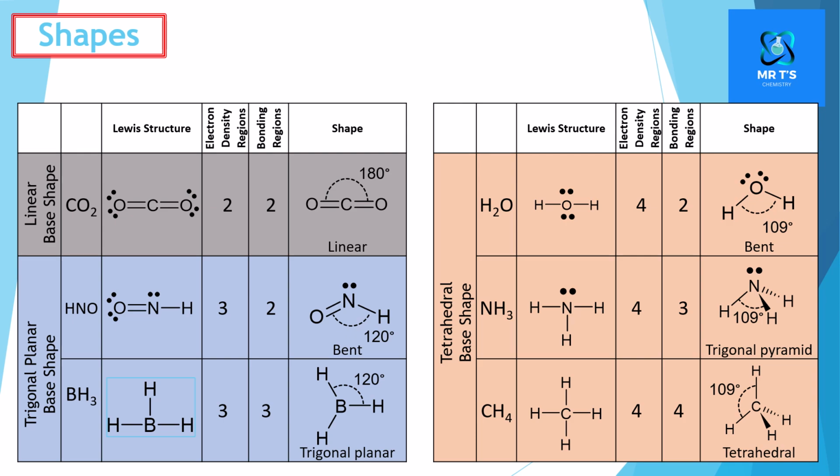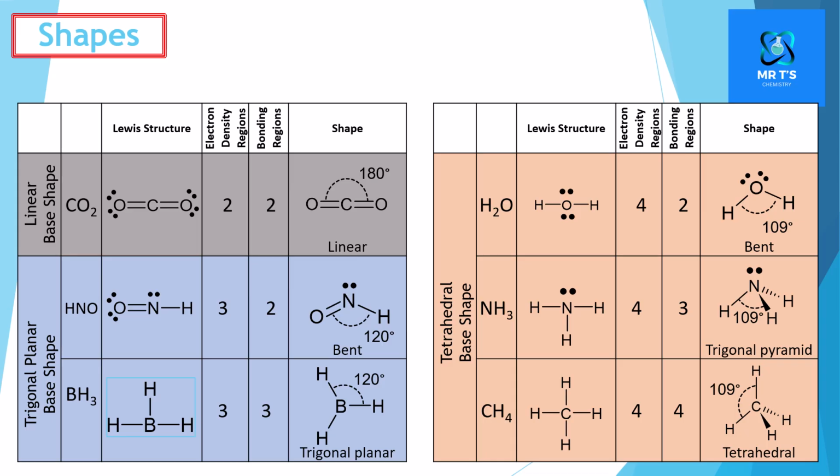There are four regions pushing away from each other as much as possible. They make a tetrahedral shape, and because there are four regions, the angle is 109 degrees between them, and the overall molecule of water here is going to be bent. And remember, that's because there are four electron density regions, two are bonding and two are non-bonding.